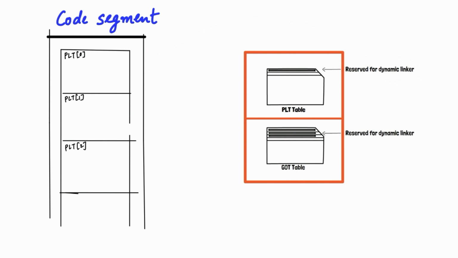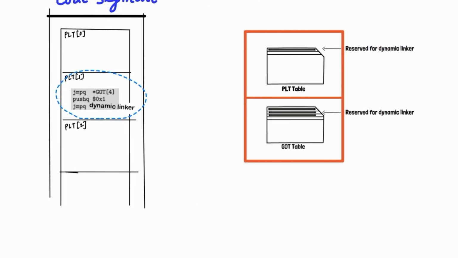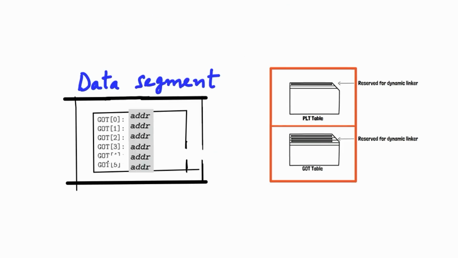All PLT entries usually have some assembly instructions in them. A simplified set of instructions could be a jump instruction at the top, followed by a few instructions which help the dynamic linker resolve those unresolved external references.